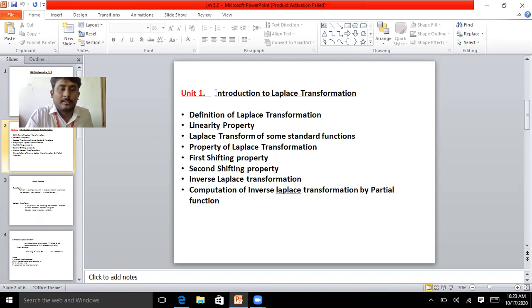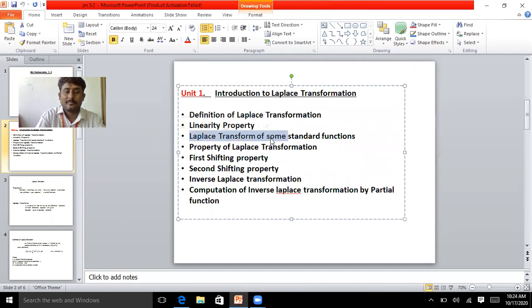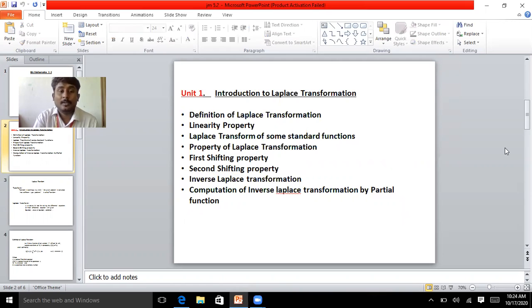Before starting the topic, first we will see what we are going to study in it: the definition of Laplace transformation, linearity property, Laplace transformation of some standard functions, properties of Laplace transformation, first shifting property and second shifting property, then inverse Laplace transformation, and computation of inverse Laplace transformation by partial fractions. These are the important topics to study.